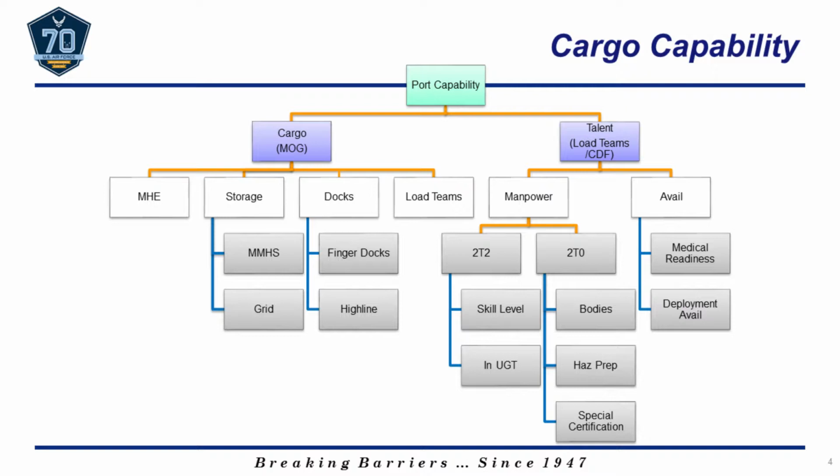So a finger dock would again be the advantage check that we would do. Whereas if we're looking at something the next level higher, no matter how cool our docks are or how cool our storage solution is, if we're limited on actual loaders to get cargo to the airplane, the red is going to be a disadvantage check. So whatever your lowest score is what's going to end up bubbling up to the next level.